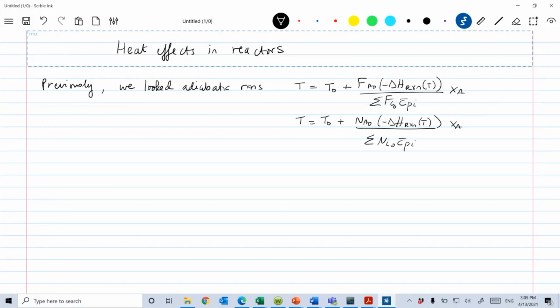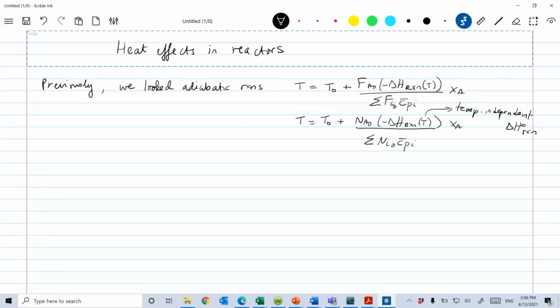If we can assume that it's temperature independent, we can write it as the delta H at reference temperature. That's usually what we end up doing, so you can keep that in mind. That's where we were.